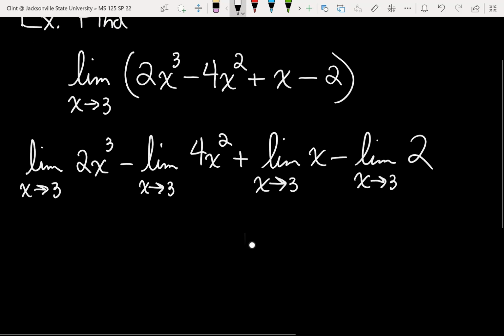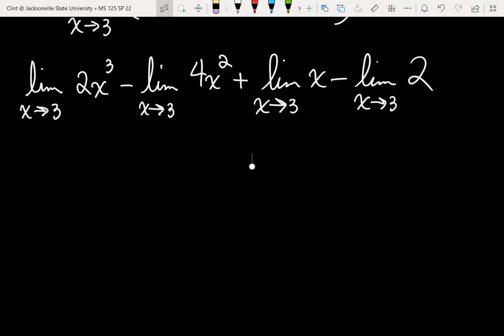Then for the last two terms, we're ready to find the limit because we know the limit of x. That's one of our building blocks. We know the limit of a constant. That's one of our building blocks. The first two we would still have to work with some more.